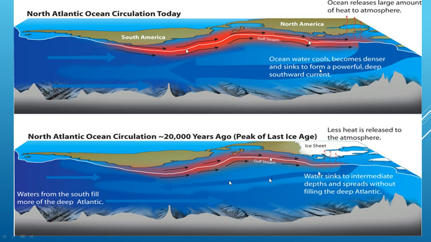The blue coloration is a little less blue. You see it kind of peters out when you get to about off of South America. But you see that the Antarctic bottom water has to fill in the space, so it fills in more of this. So the Antarctic bottom water becomes more prominent, reaches further into the North Atlantic.